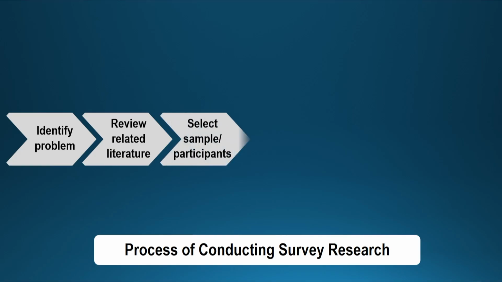Sample selection is a crucial step in survey research because if the sample represents the population, then the findings can be generalized to the population. So, caution has to be taken in selection of the sample. If the population is homogeneous, any random sampling technique would do.